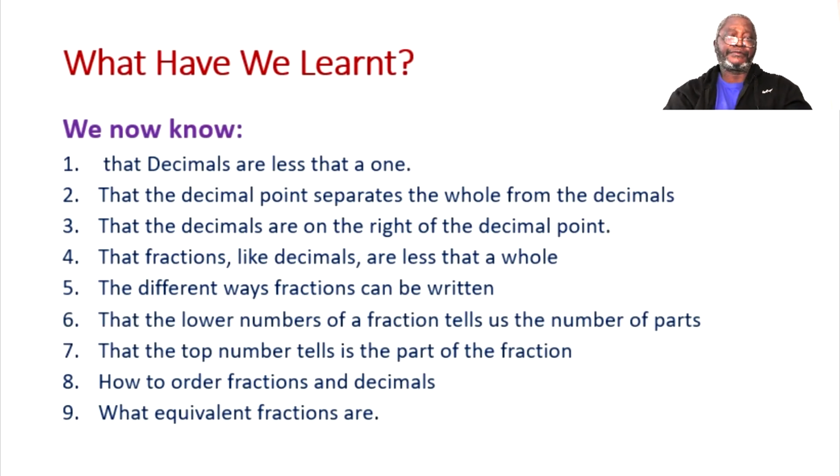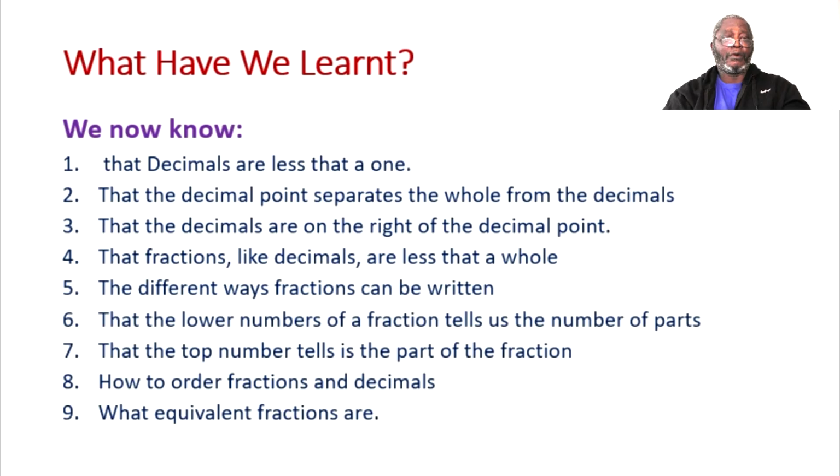What have we learned? We know now that decimals are less than a whole, that the decimal point separates the whole from the decimals, that the decimals are on the right of the decimal point, and that fractions, like decimals, are less than a whole or less than 1. The different ways fractions can be written have been explained to us.